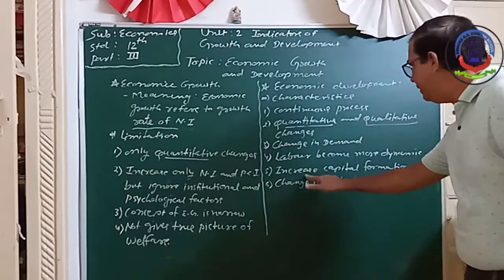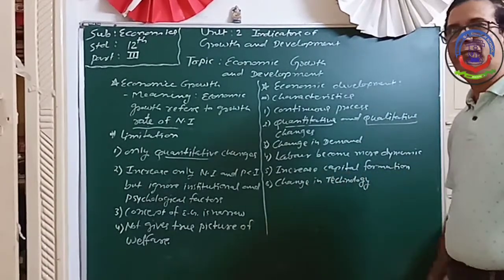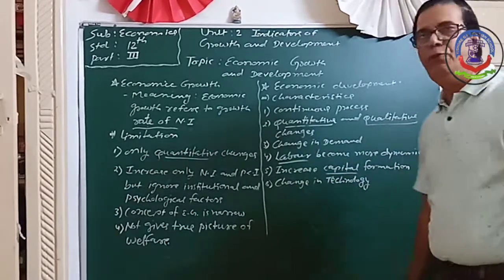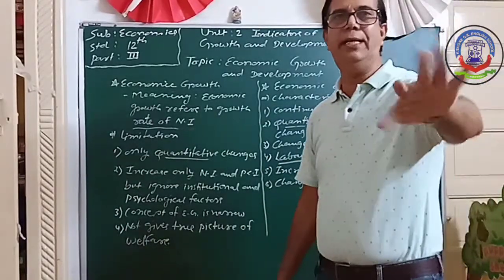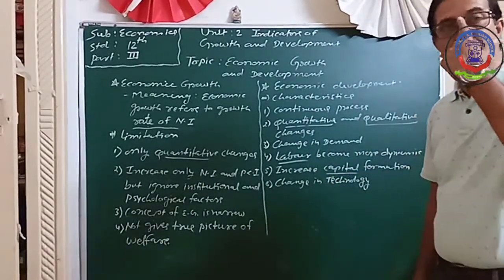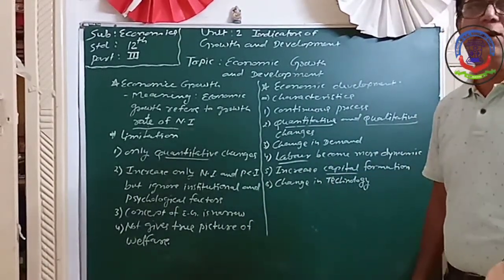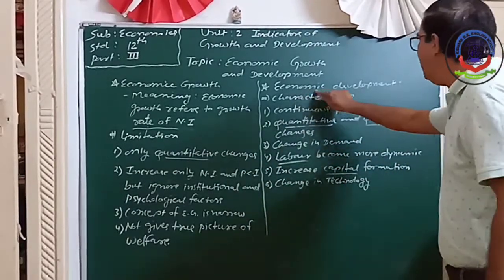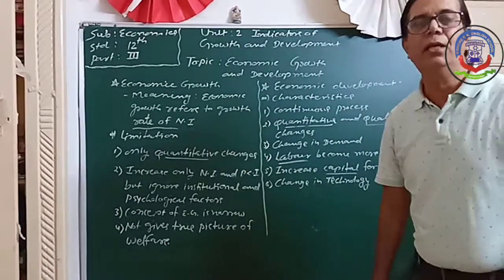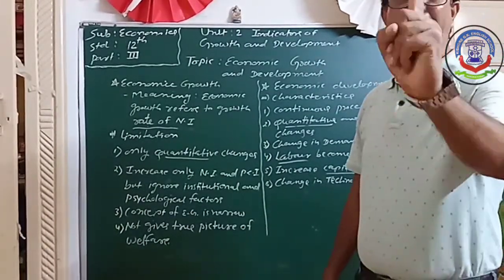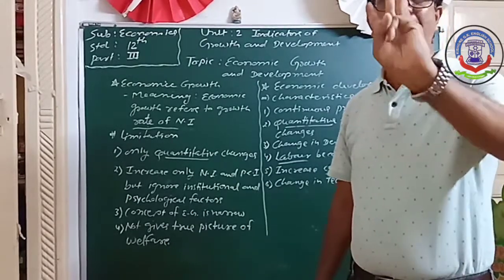After that, increase in capital formation. In standard 11, you have already learnt 4 factors of production: land, labor, capital and entrepreneur. So your labor and then capital. Here, the capacity to create capital increases because of economic development. Because of economic development, all 3 sectors develop: agriculture, industries and service sector.